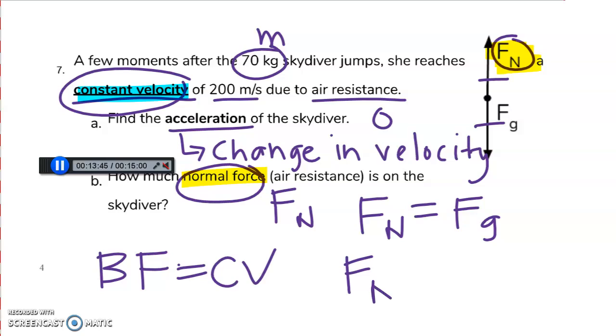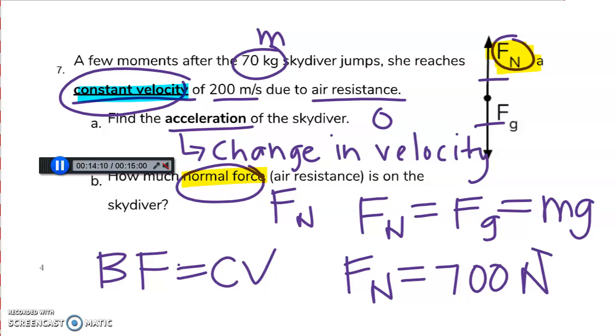So Fn, the normal force from the air, is going to be equal to whatever the force of gravity is, which I remember from my toolkit, my tool belt, is this equation. I multiply the mass times g, and g on Earth is 10. The mass is 70, and I multiply that by 10, so the normal force should be 700 newtons.